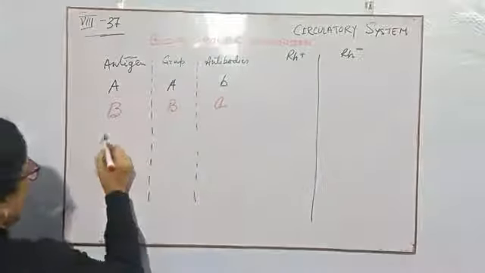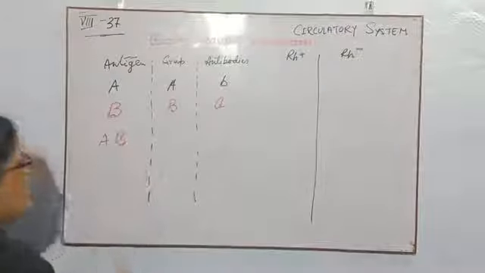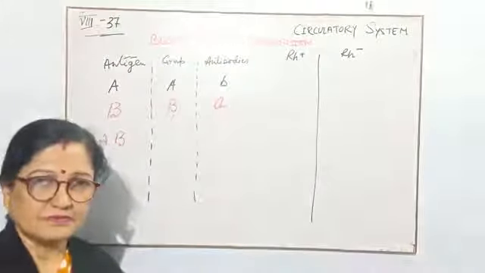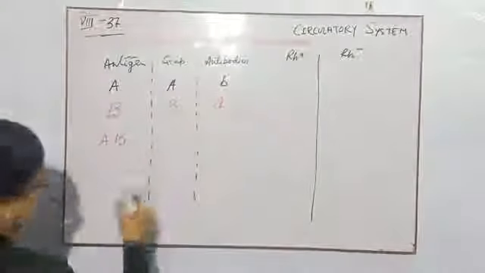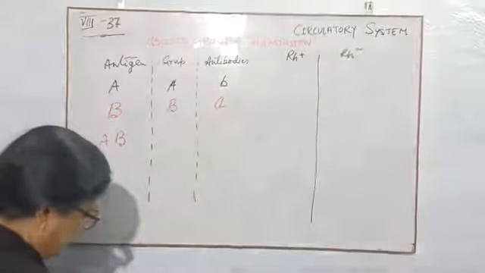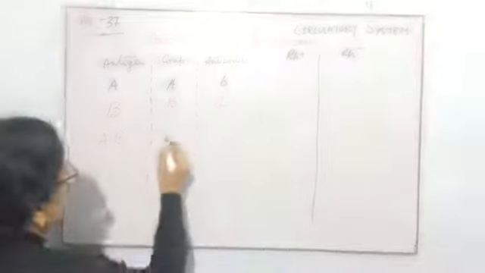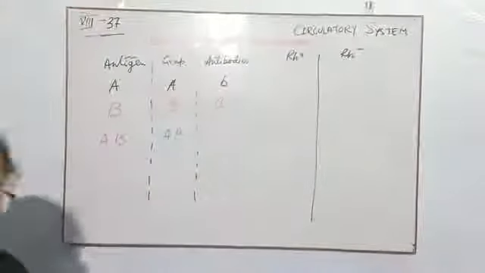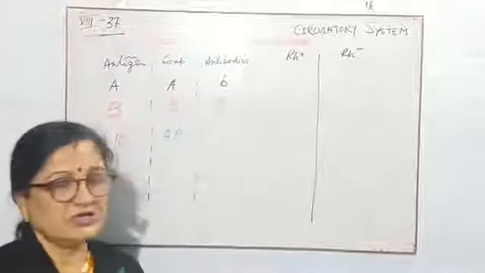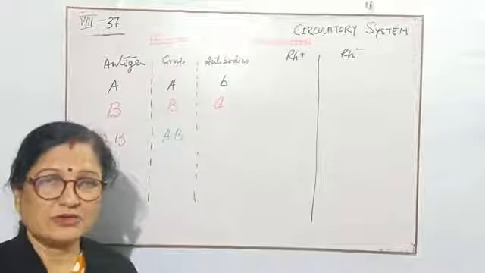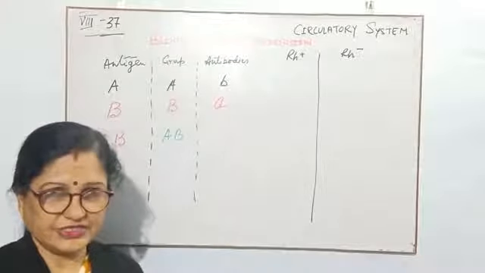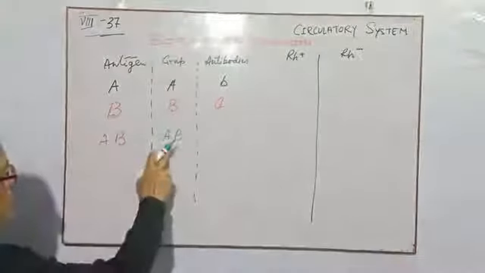If suppose on our RBCs both types of antigen are there, then my blood group will be AB. Because both types of antigens are present, we get both names, A and B. Blood group will be AB.